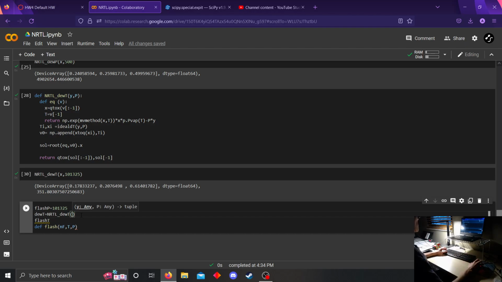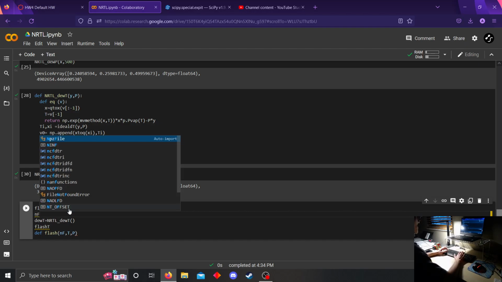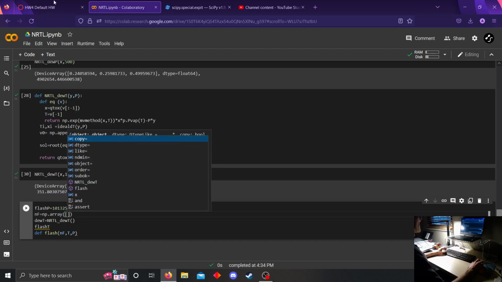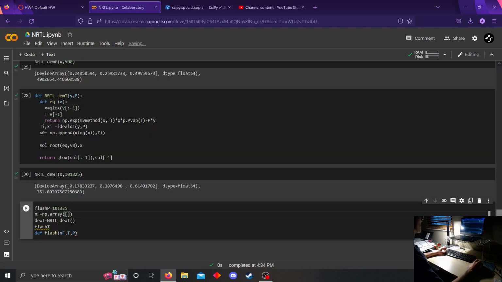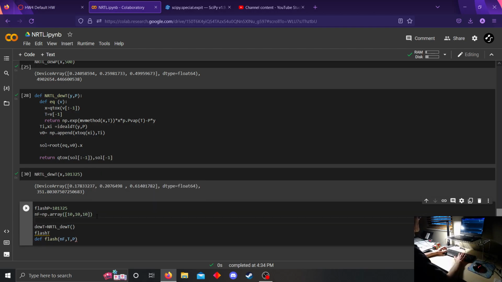So we actually probably need a feed condition. We'll call it NF for moles. It's going to be an array, and I believe they specified 10 moles of each, so 10, 10, 10. That's our feed.